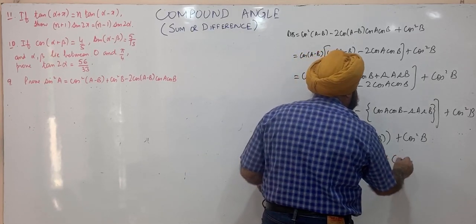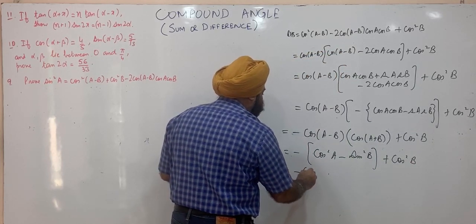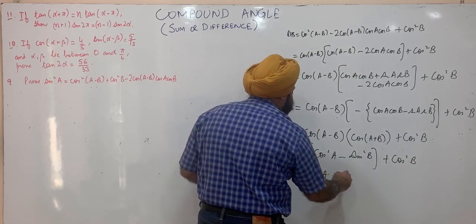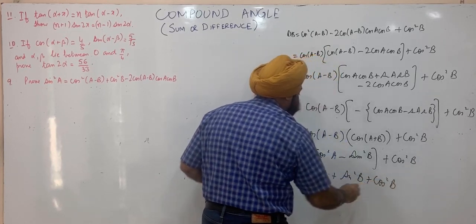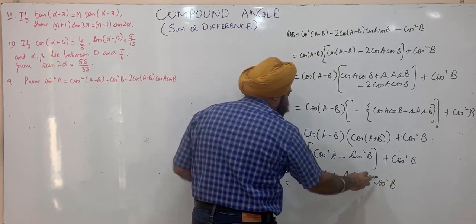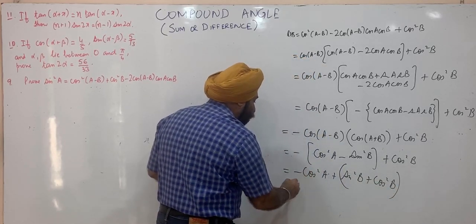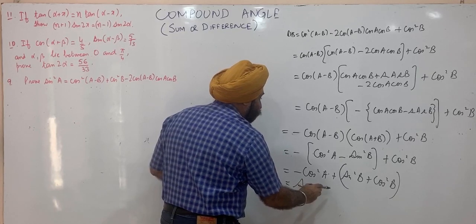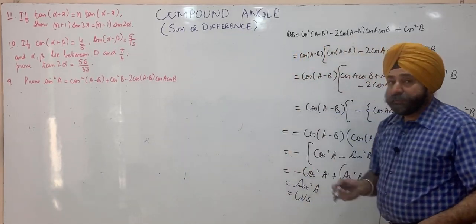This is the formula we learned at the beginning. This can be written minus cos square of a plus sin square b plus cos square b. And sin square b plus cos square b, this is 1. 1 minus cos square of a, this is sin square of a. This is same as the left hand side. This is what we wanted to do.